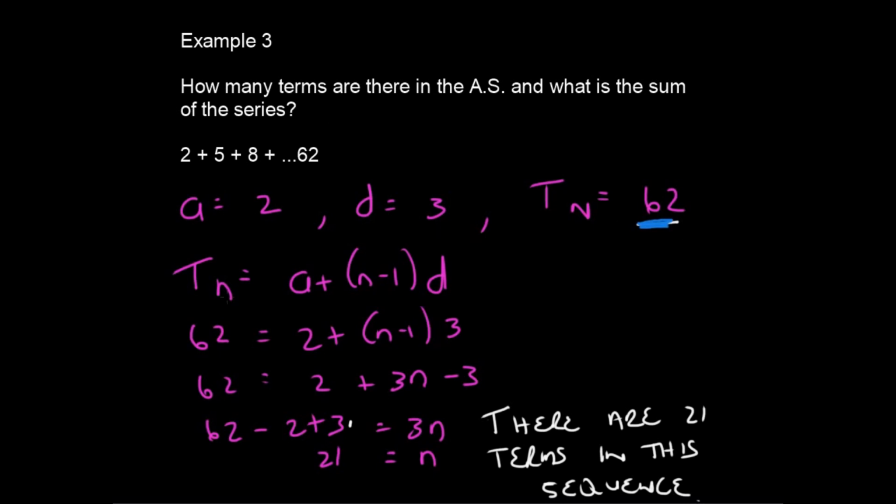That's our difference. And we substitute that 62 into the left-hand side of our formula. So Tn is equal to 2 plus (n minus 1) times 3. All we do is simplify, okay? We simplify and we see that n is equal to 21. So there are 21 terms in the sequence.